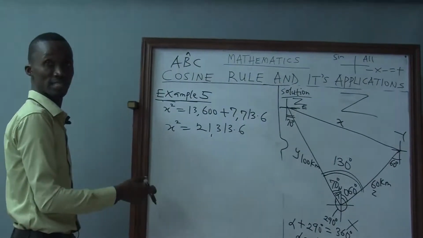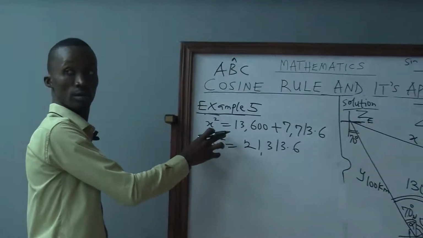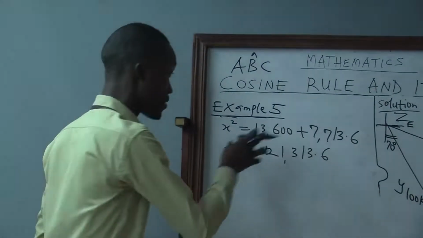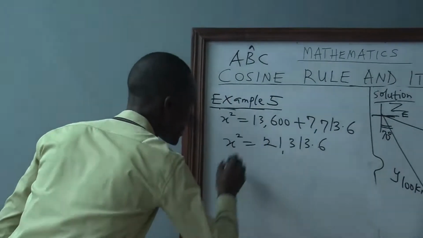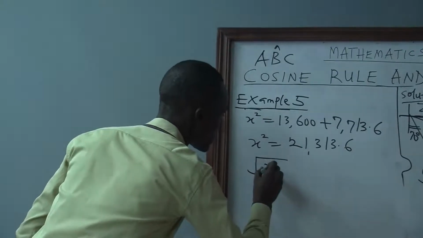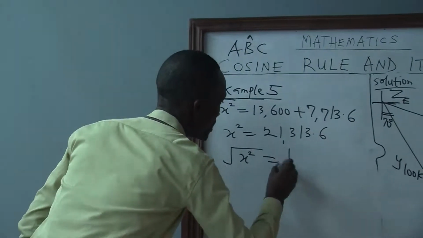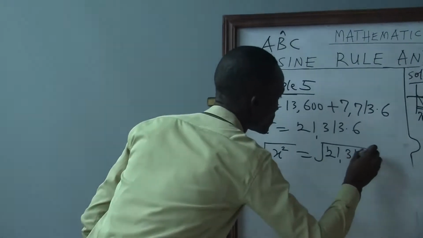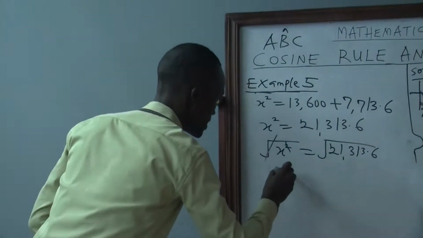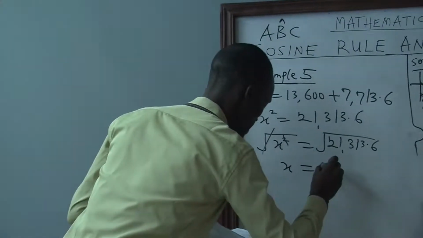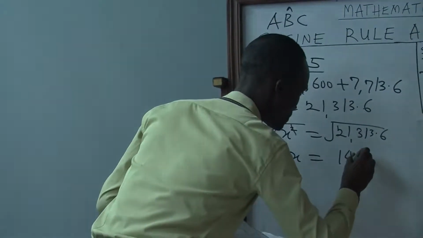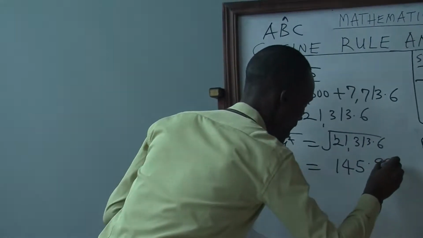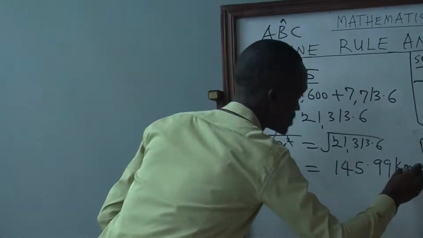And when you get to this stage, the next thing to do is to take the square root of both sides, since the expression is involving square. We have square root of x squared equals square root of 21,313.6. Then from there, x is 145.99 kilometers.